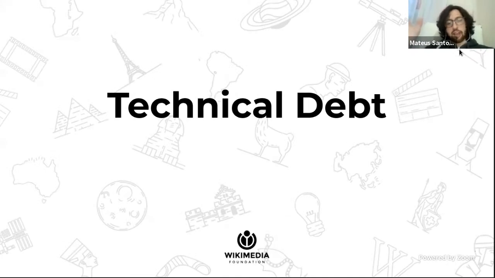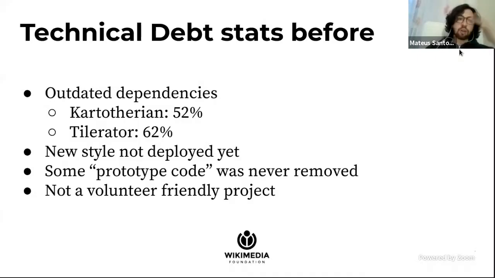And finally, every maintenance mode has to deal with technical debt. I'm going to show you some stats about how we dealt with technical debt and how we're continuing to work on this. So that's the technical debt stats that we had before the handoff, and at that point we had outdated dependencies.